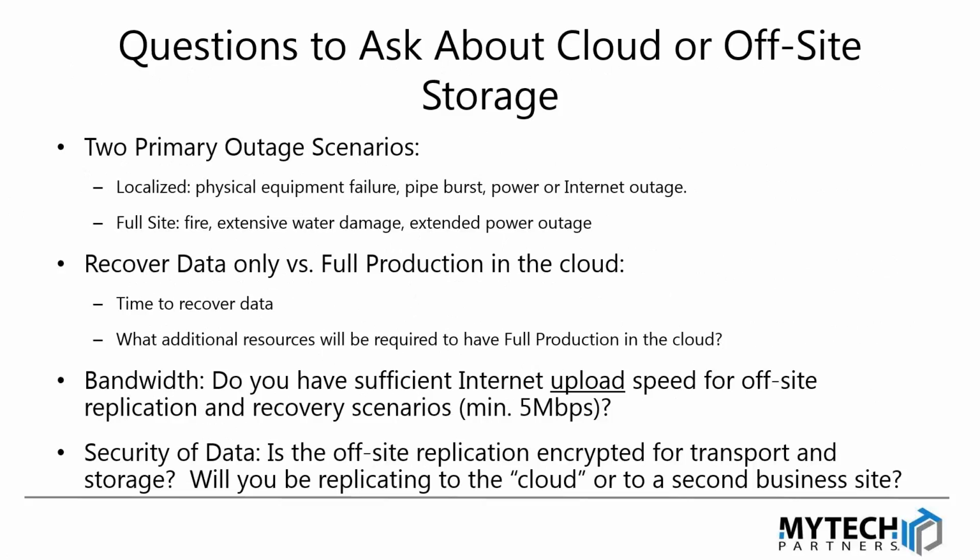And then just another plug here for the things I always say about having redundant internet connections. We should always be doing that outside of our disaster recovery, but redundant internet connections make a play here as well, because one of the possible outage scenarios is loss of internet access. And again, we talked about the best way to not have to test your disaster recovery plans is to avoid having one.